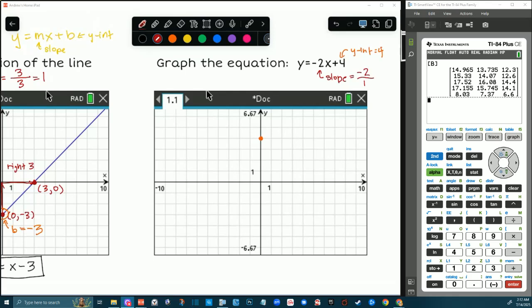So what this tells me is to get to my next point from the point I just graphed, I'm going to go down 2, and I'm going to go right 1. So down 2, right 1, and that puts me right here. So my line should connect those points.